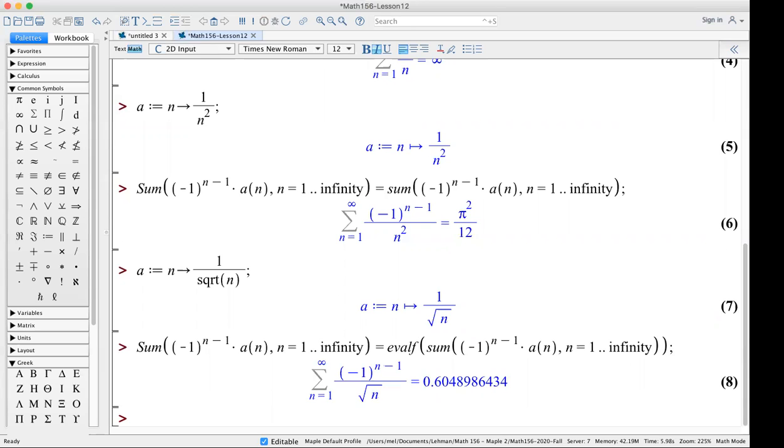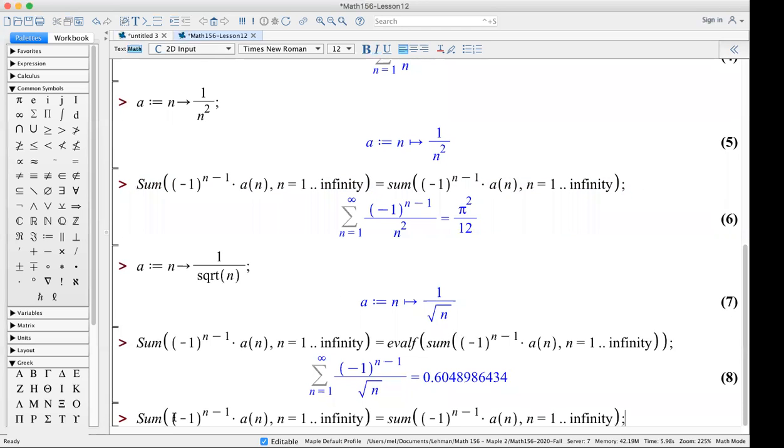Now, what is the partial sum of the series? That's sort of interesting. So suppose I take the series not from 1 to infinity, but just the first capital N terms. Let's say maybe let n be equal to 10.